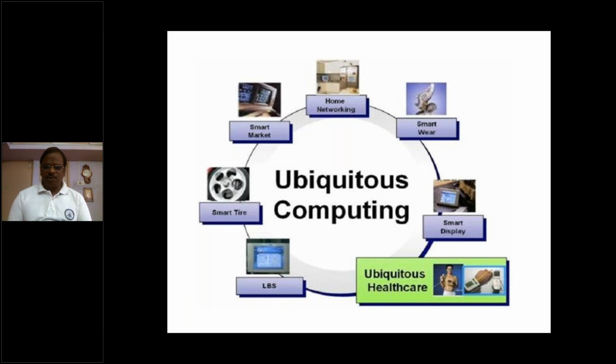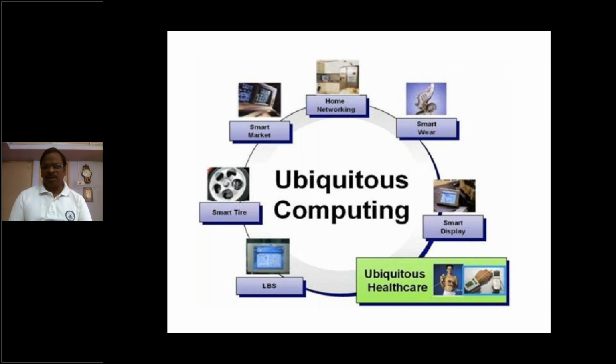Now, what is ubiquitous healthcare? This technique is used mostly in healthcare technology. And the LBS, location based systems. Then smart tire technology in the car industry. Smart market technology, marketing. Home networking technology. And smart wear: smart wear is available as dresses or shoes and other kinds of information.